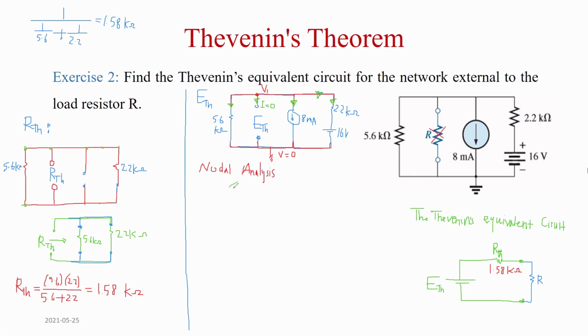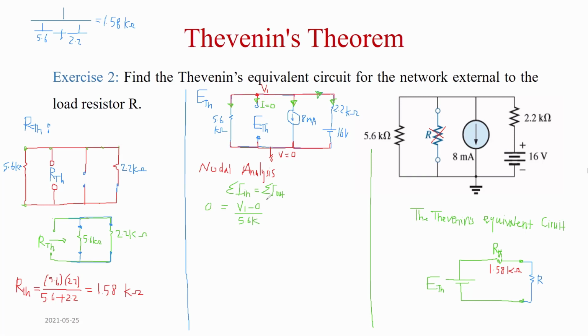So sum of the entering currents, this is at any node, Kirchhoff's current law, equals the leaving currents. Leaving current into this resistance is V1 minus 0 divided by the resistance, which is 5.6K.